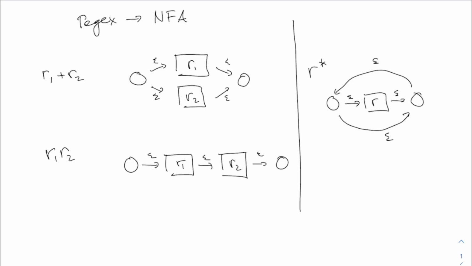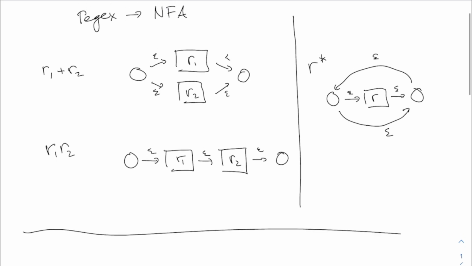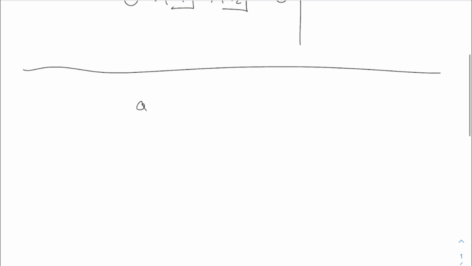All right. So, for example, if I wanted to make a fancy regular expression, how about A plus B star, something like that. So I want to think about each of these in little pieces.